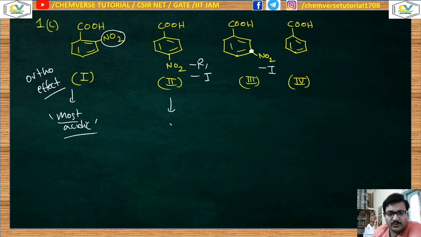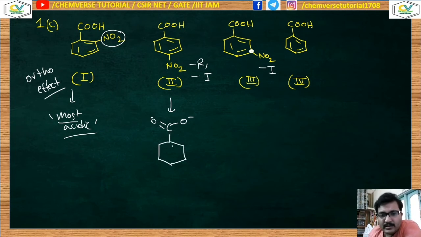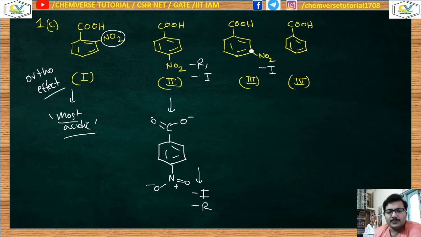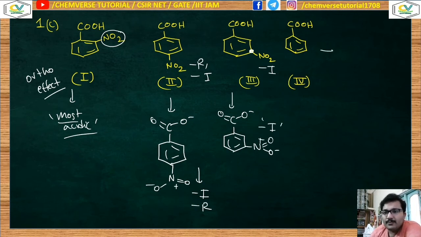So if I draw the conjugate base of these compounds, you can see over here that it is a minus I and minus R group, so both effects are active. In this case, it is exerting only the minus I effect, and for this one, no such minus I group is present.